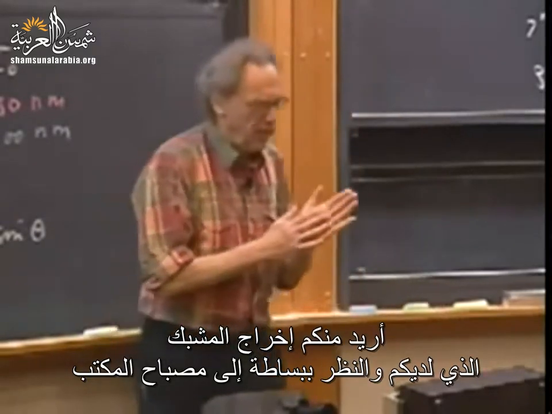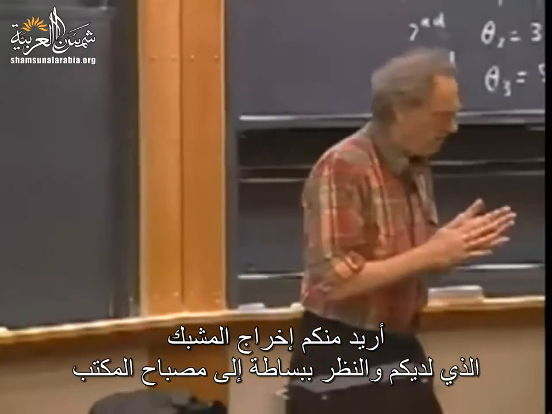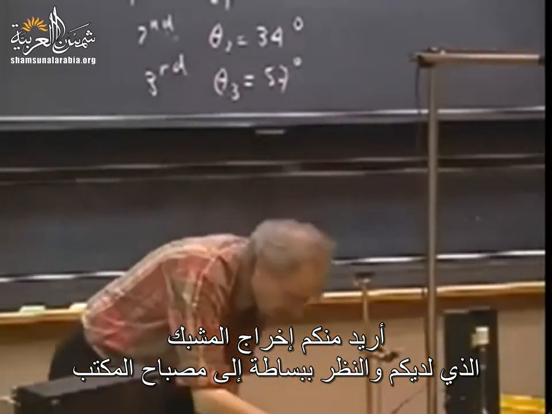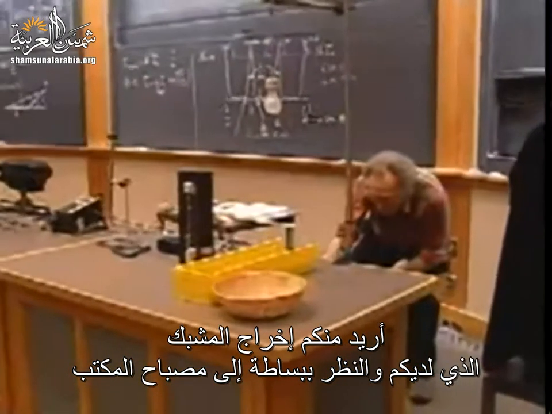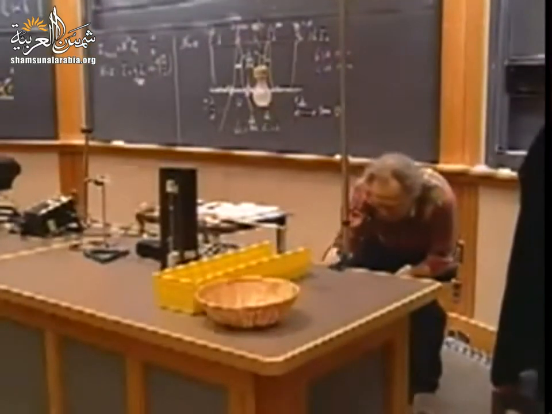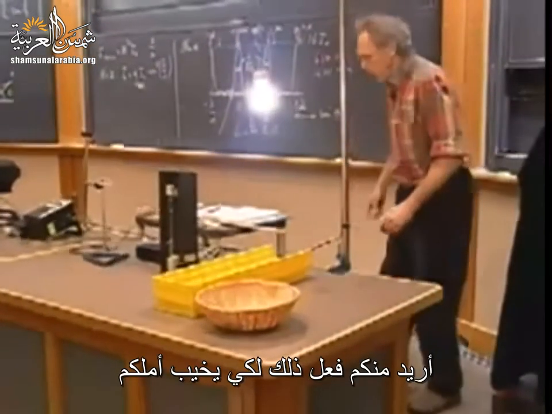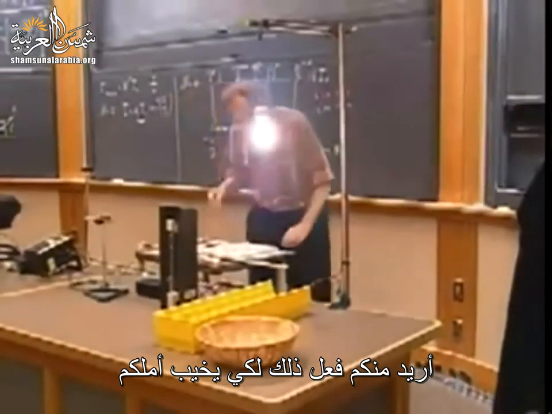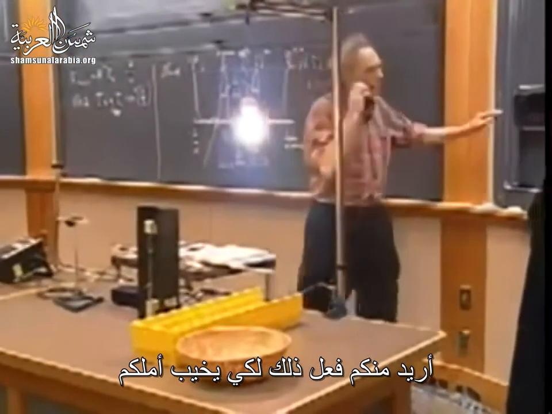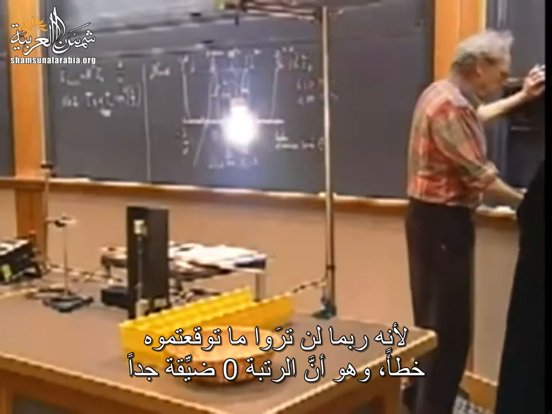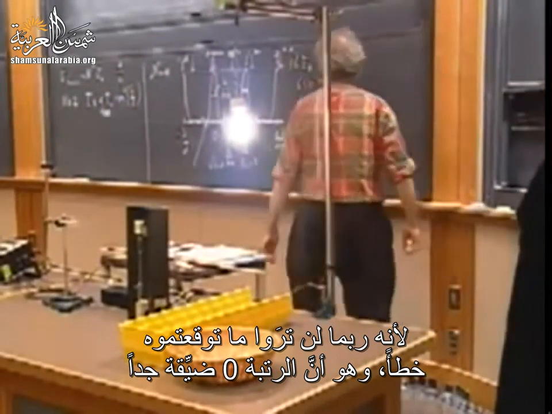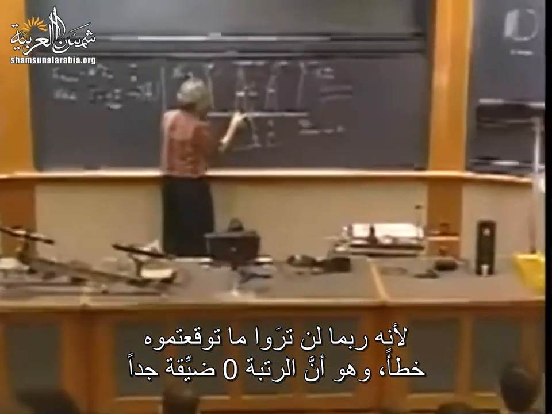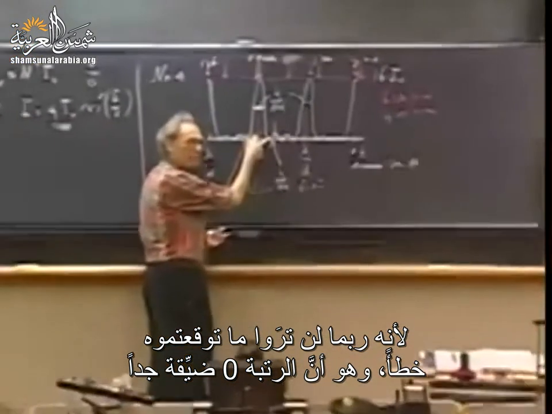Now I want you to get your gratings out, and I want you to look simply at a desktop lamp. And the reason why I want you to do that is that I want you to be disappointed, because you may not see what you erroneously expected, that the 0 order is incredibly narrow.